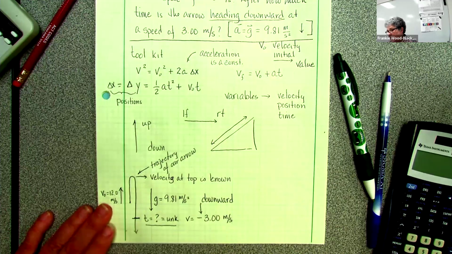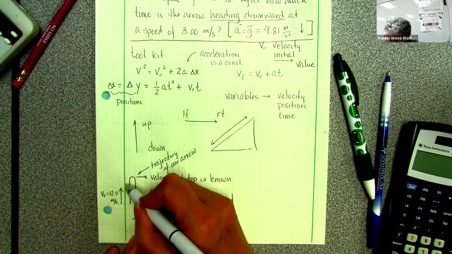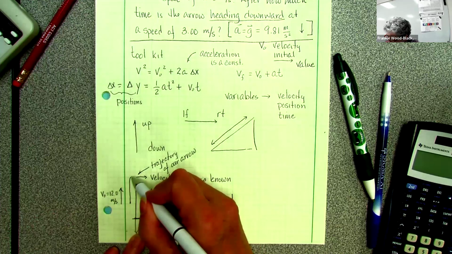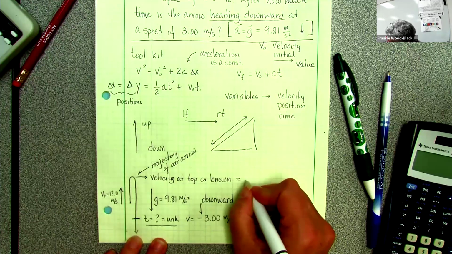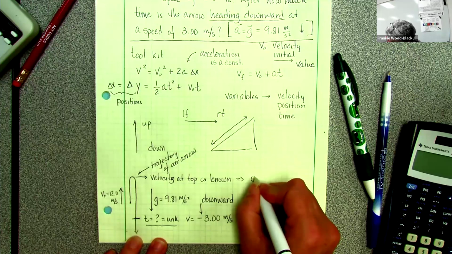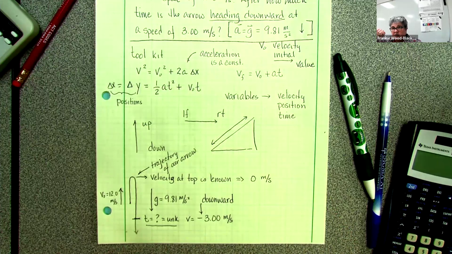Because as I'm going up and all of a sudden I'm coming back down, that velocity at the top has to equal 0 meters per second. Because at the instant I reach the arc at the top and I come back down, I have to instantaneously stop because I'm changing direction.